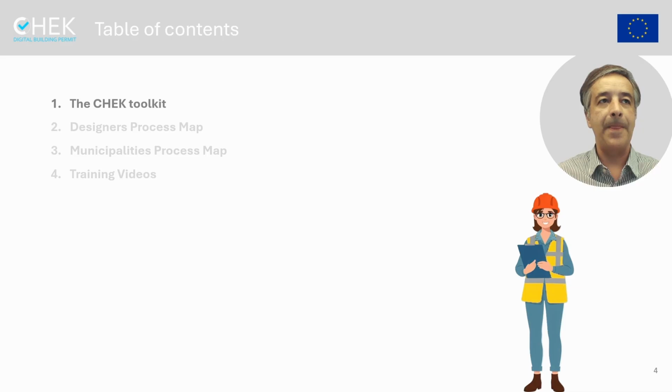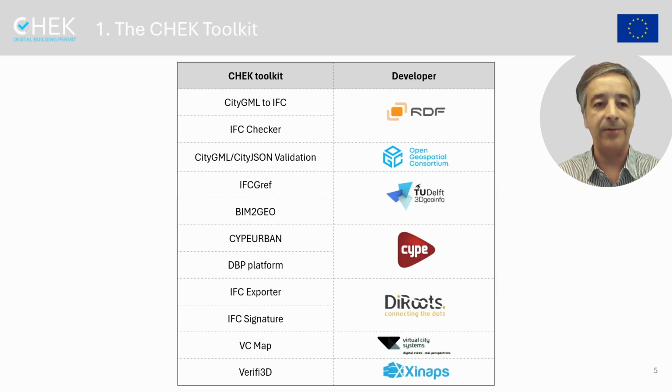So these tools independently by themselves are very, very interesting, and they exhibit the dichotomy that you can have between academic-based tools and professional industry-based tools that will be, of course, the ones that in principle will be serving the digital building permitting process with more user-friendly and more direct tools. So the CHEK toolkit includes all these tools.